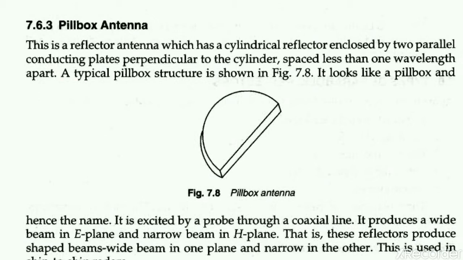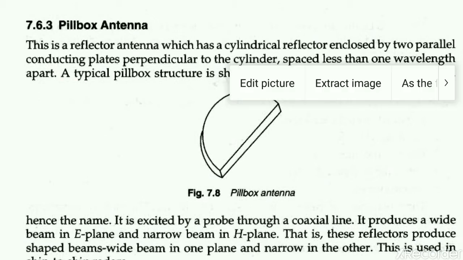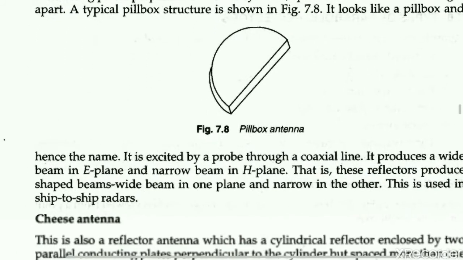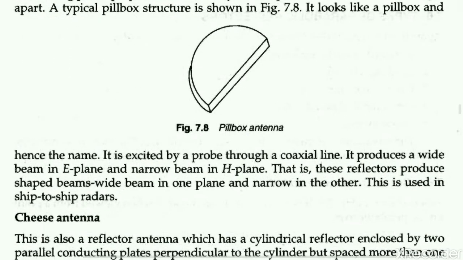That is, these reflectors produce shaped beams, or a wide beam in one plane and a narrow beam in the other plane. The application of this pillbox antenna is ship to ship radars.